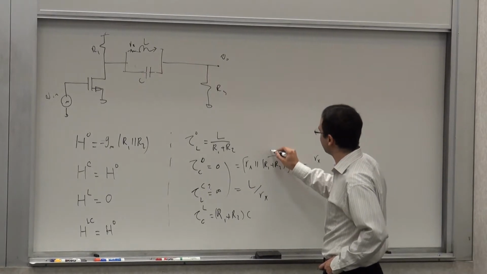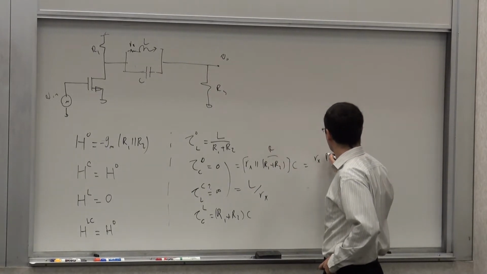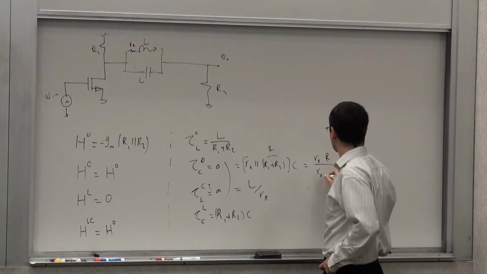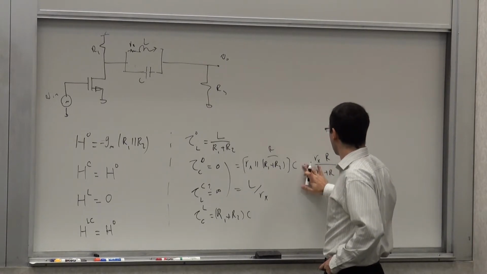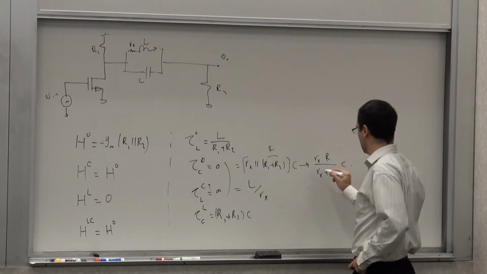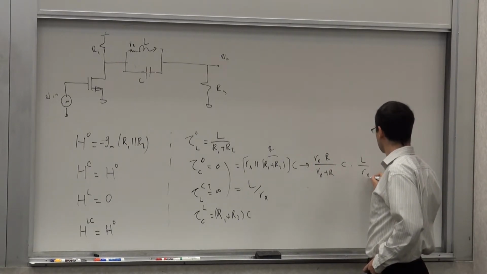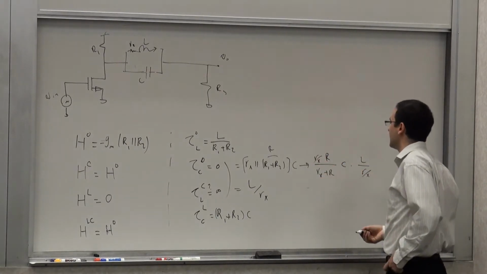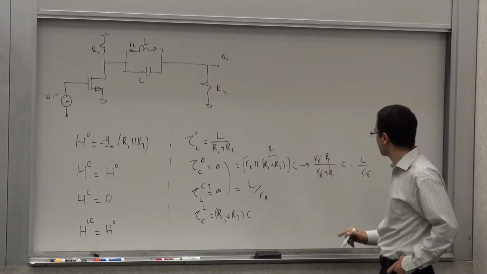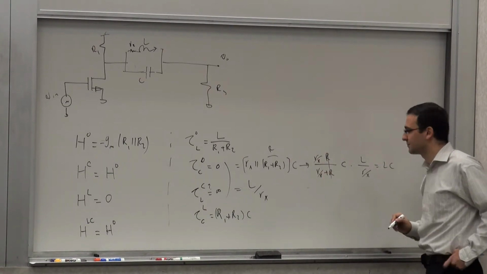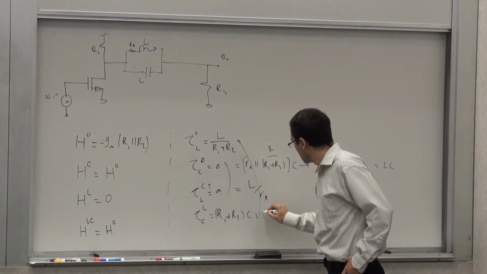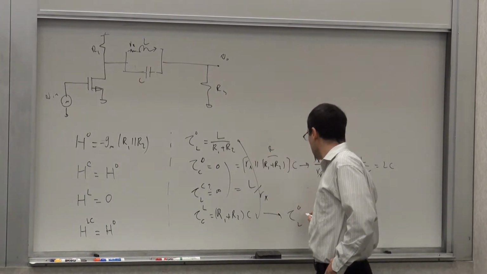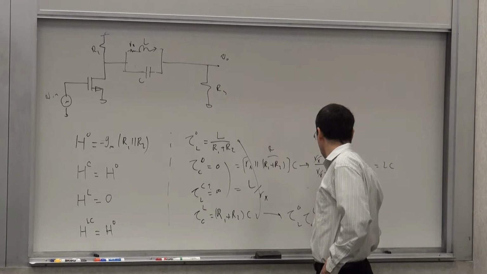Let's call that R, Rx plus Rc. Then multiplied by that gives you L over Rx. These cancel, and you set Rx to 0, so this goes away, this cancels that, you get LC. Which is the same as you get from the product of these two. This gives you tau 0, tau Cl, which is LC.